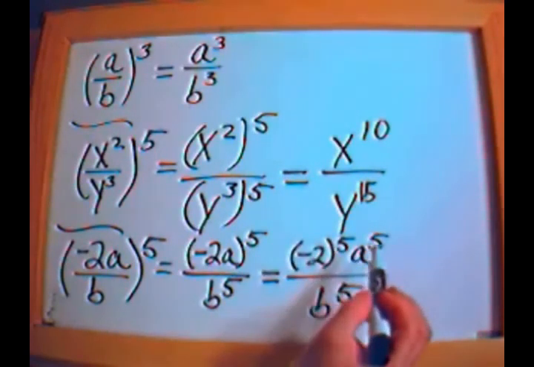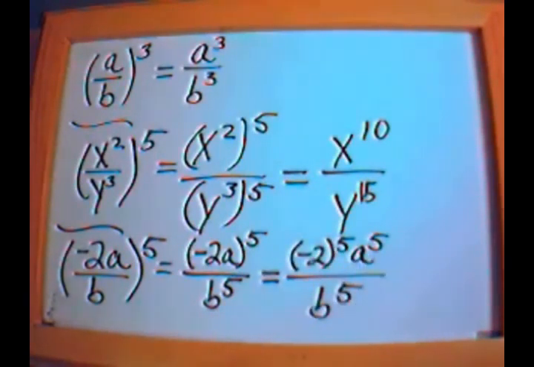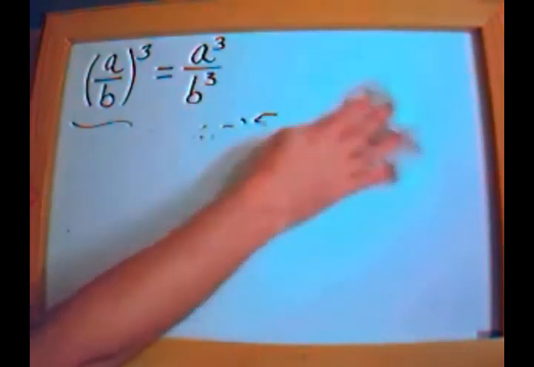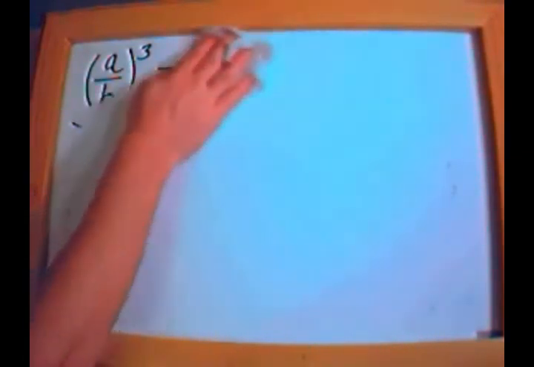Then you have a number here, a to the fifth over b to the fifth. So that's pretty much how you handle the fractions. It's not that different than when they're just all multiplied in there together. It's just basically when you have a fraction, you raise the top of it to that exponent, and you raise the bottom of it to that same exponent. And that's how you simplify those.